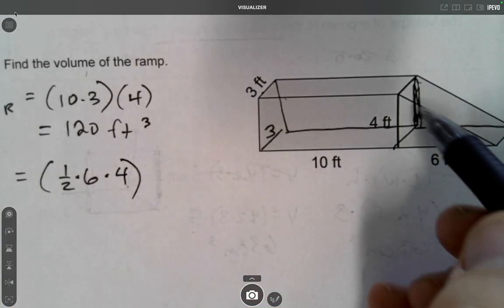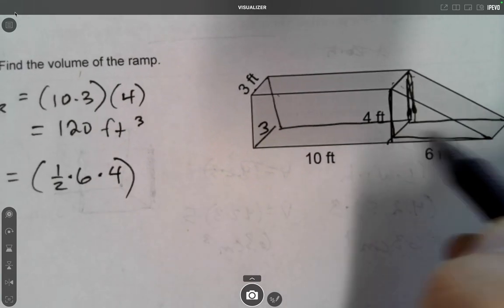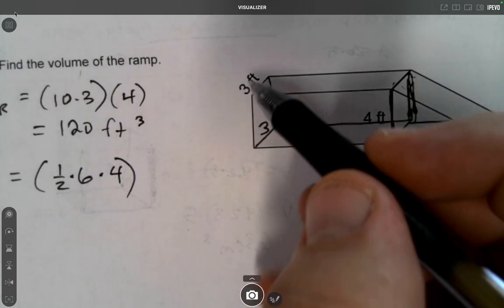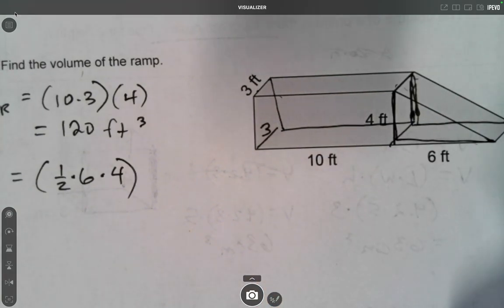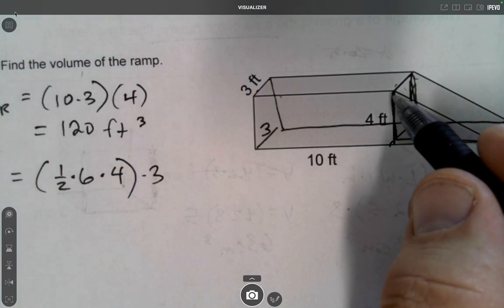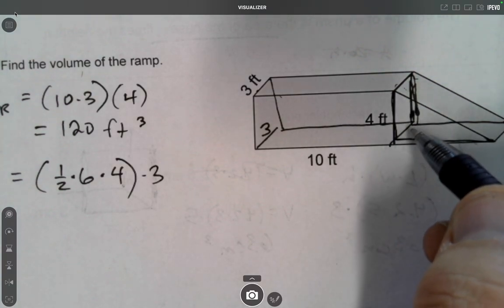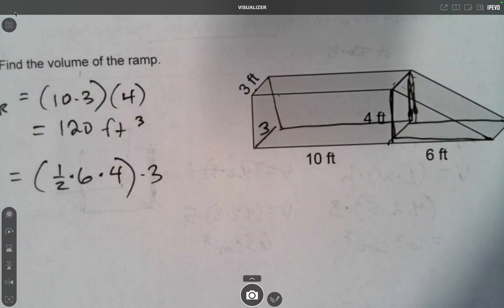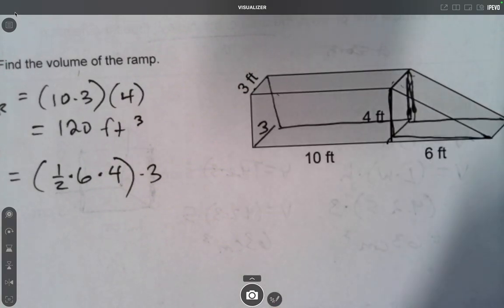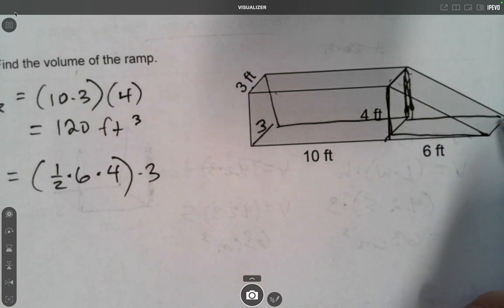That's how we get the area of the base, because it's this triangle right here. Half times base times height. Then we multiply by the height, or it's more like the depth we see for the whole prism, and that's 3 feet. Because like I said, it's almost like this triangle was just standing up, it's just a piece of paper, then it got stretched out towards the back and became 3 dimensions. So our height or our depth is that 3 feet right there. So it'd be 3 feet here, 3 feet here.